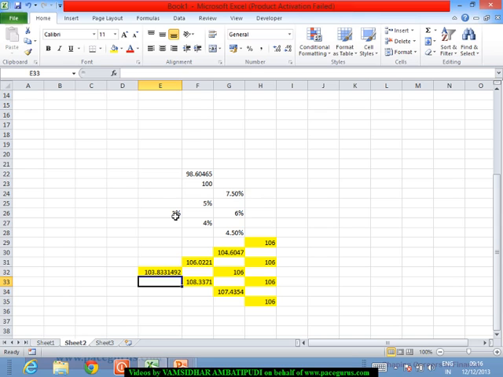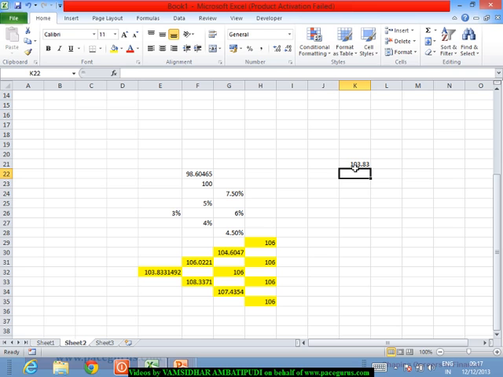For this kind of a bond, the value is going to be 103.83, assuming that there is no option that is available on the bond. Assuming that there is no option. So for an option free bond, I can say that the value of this is 103.83.